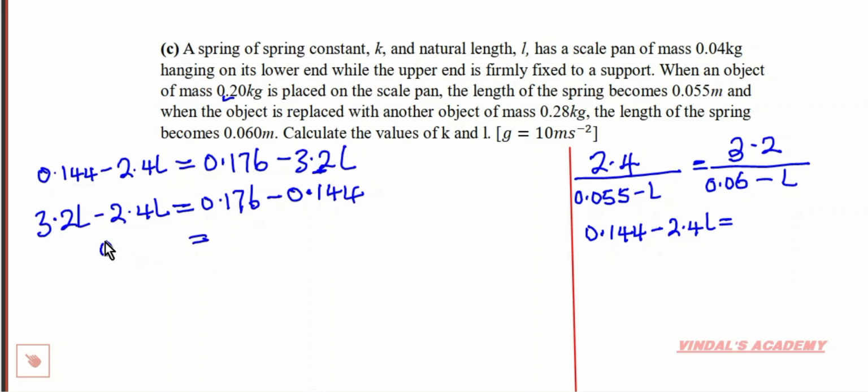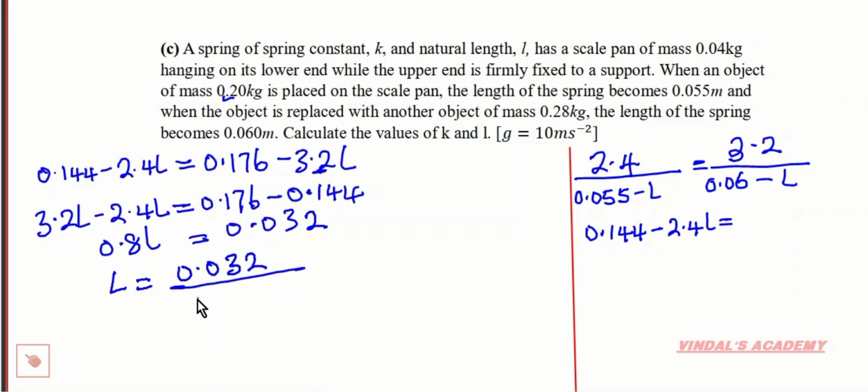This is going to be 0.8 L, and this is going to be 0.032. So L is equal to 0.032 divided by 0.8, and my L is going to be 0.04. Is that meter? It is in meter. So this is going to be my length.